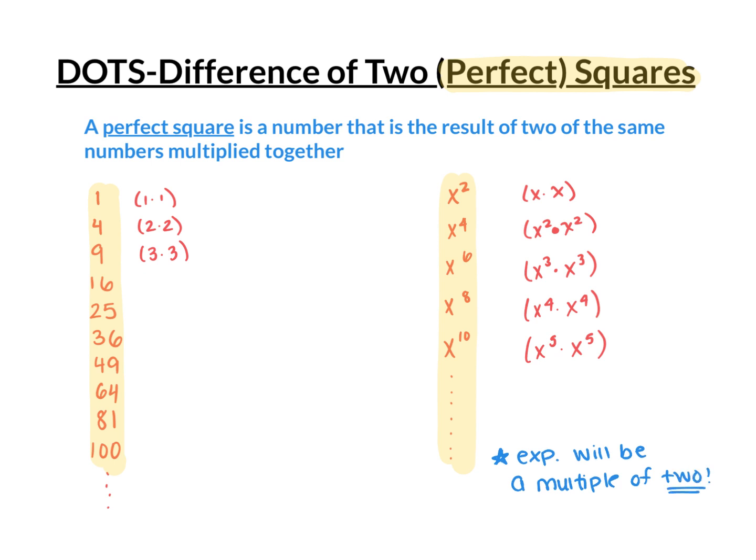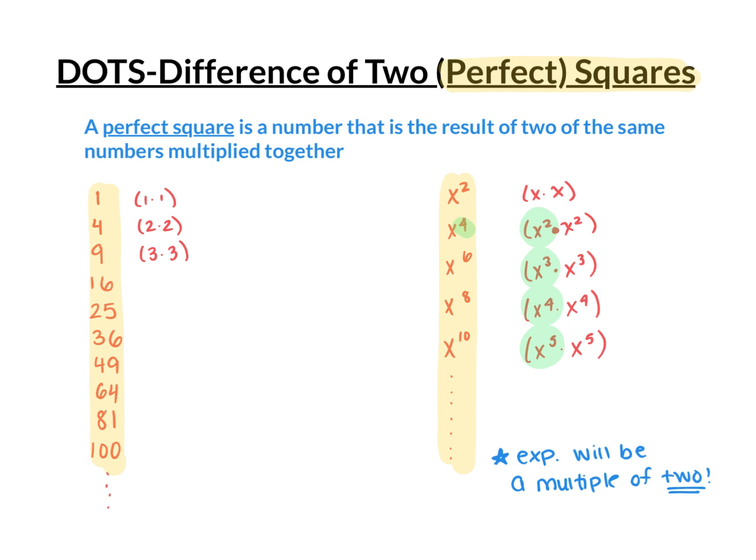Okay, and if I had asked you what thing times itself gives me x squared, or what thing times itself gives me x to the fourth, what's the relationship between these exponents here and the thing that's being multiplied twice? Well, look at the exponents. Can't you see here that x squared times x squared gives me x to the fourth, x to the third times x to the third gives me x to the sixth, and look at the relationship. 4 is your exponent, and then 2 is your power. 6 is your exponent, 3 is your power. 8 is your exponent, 4 is your power. 10 and 5.